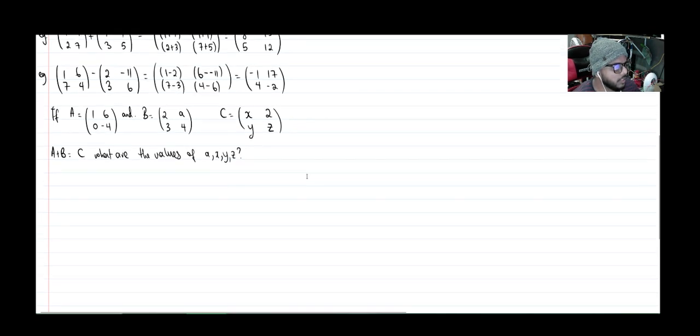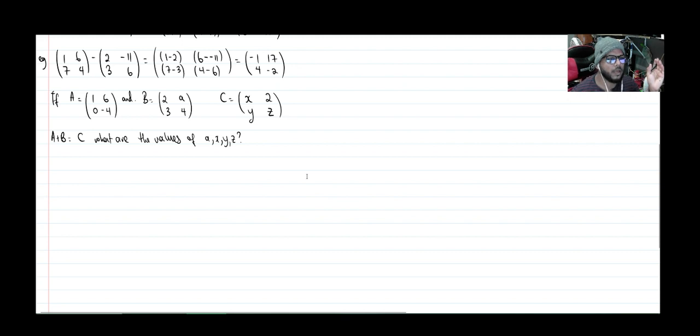And this here caters for every single type of question where we will have a variable in addition or subtraction of matrices. So I'll have A, which is 1, 6, 0, minus 4, plus B, which is 2, a, 3, and 4, is equal to C, which is 6, x, 2, y, and z.